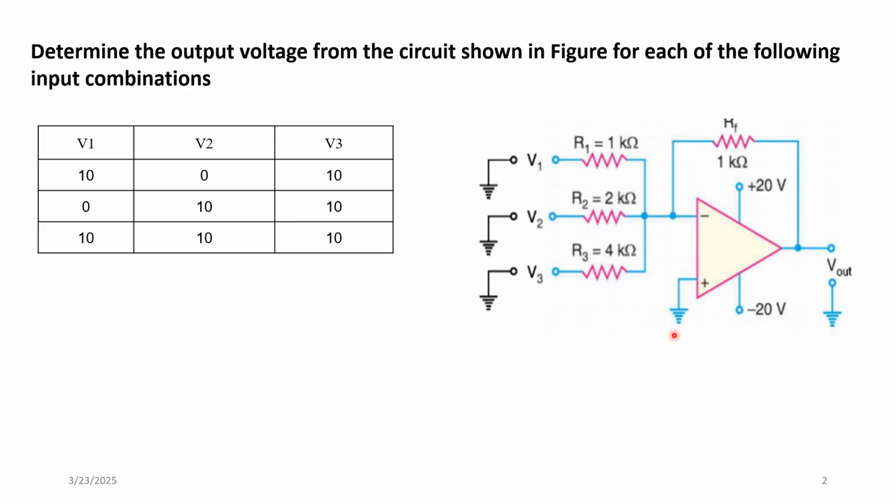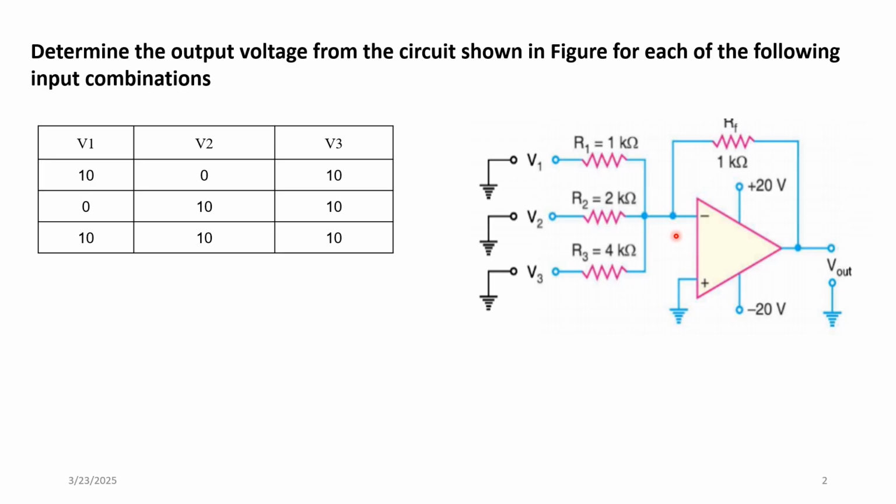And a recap of the virtual ground concept: we know that the operational amplifier has a high gain, that is 10 power 5 to 10 power 6, and negative feedback. The inverting terminal is maintained at a virtual ground, that is, this terminal potential is approximately equal to 0.